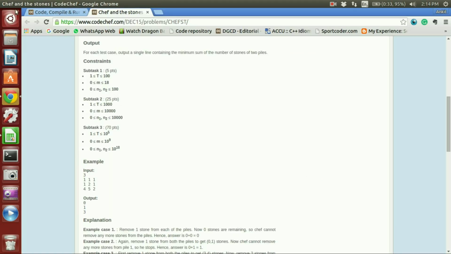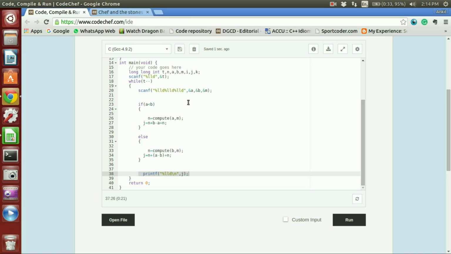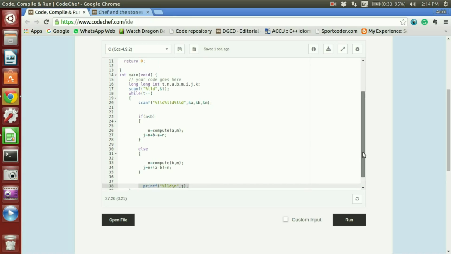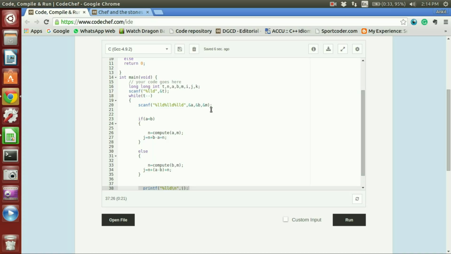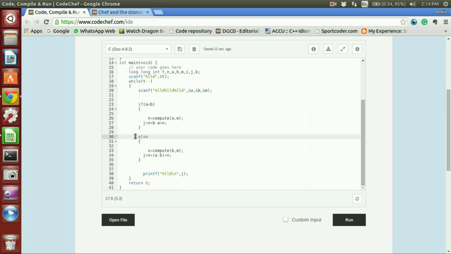Let's understand the code. So we are taking input a, b and m, and this part is when a is less than b, else this part, that is b is less than a.